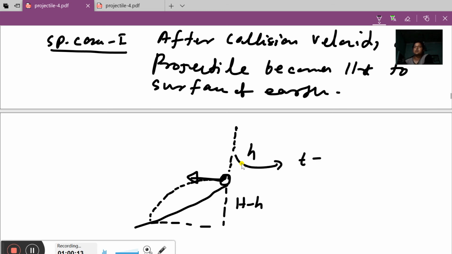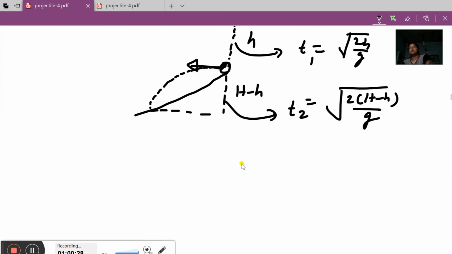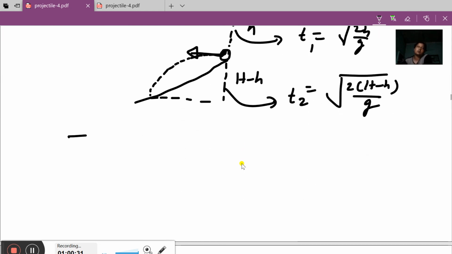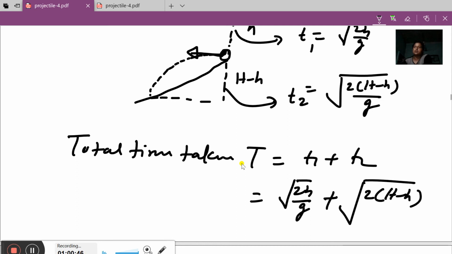In this part time t1 is under root 2h over g, and in this part time t2 is under root 2(H minus h) over g. So total time taken is t1 plus t2, that equals under root 2h over g plus under root 2(H minus h) over g. So this is the total.